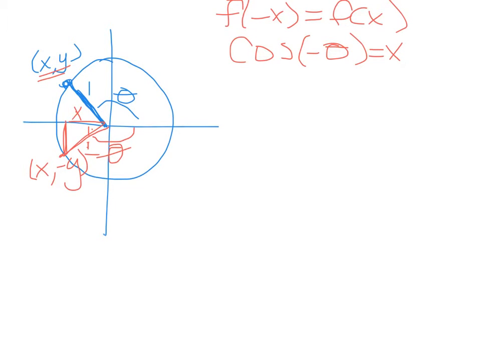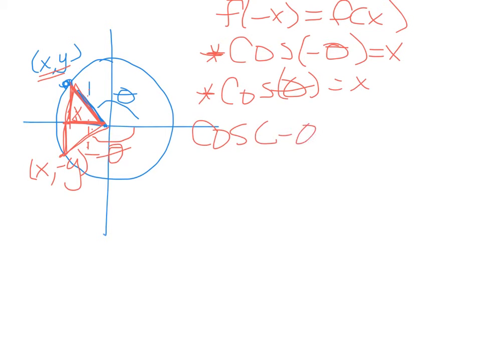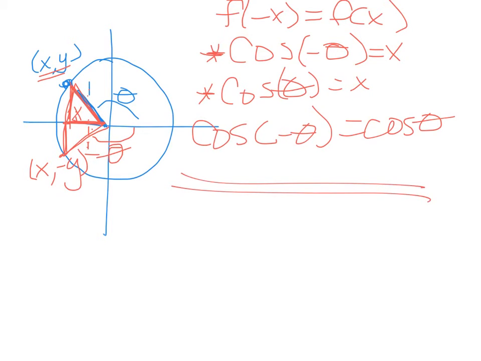And for cosine of theta, it is also x over 1, adjacent over hypotenuse. So cosine of theta also equals x. In fact, cosine of the opposite of theta and cosine of theta end up being the exact same thing. So these are equal. Cosine of the opposite of theta does in fact equal cosine of theta. It is even.